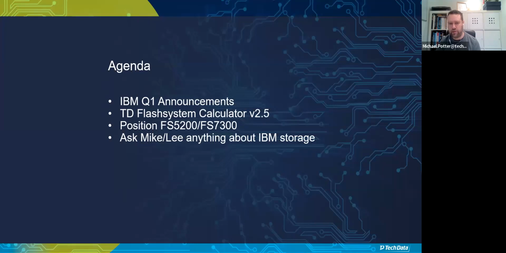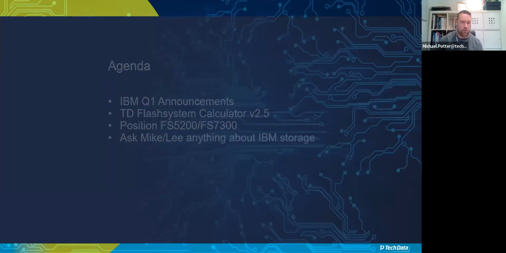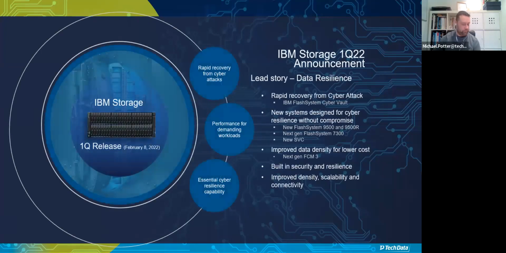We'll do a little bit around positioning the 5200 and the 7300, because you'll start to compare the two, which will get quite interesting. And then, funnily enough, I volunteered for the Ask Mike and Lee Anything About IBM Storage. Whether that's a good idea, you'll see later on in the call. But that's what we're looking at today. So hopefully that's what you're expecting.